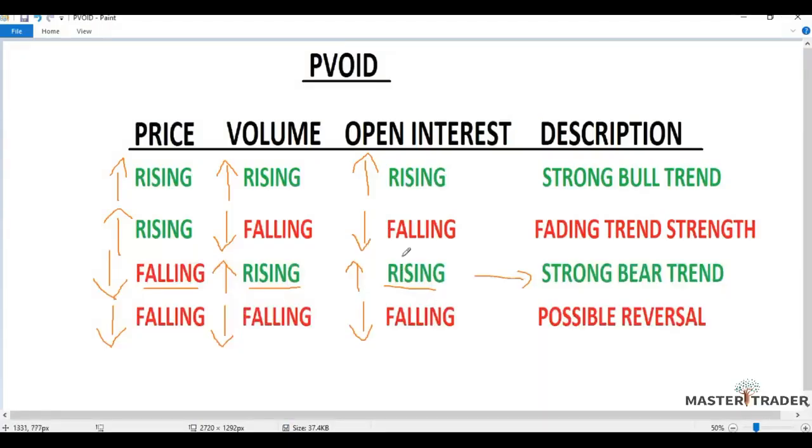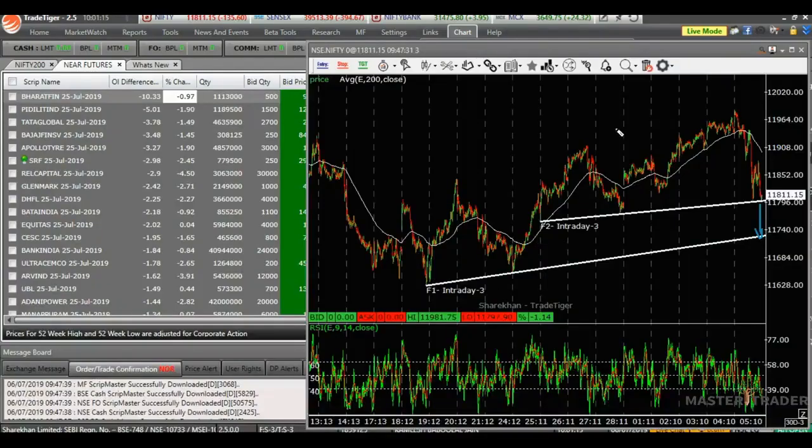We have a fall in open interest here, we have a fall in price, and then we need to look at volumes. If there was a drop in volumes as well, then this may indicate a possible reversal. So then we go and look at the charts to see if the stock is really near a level where it may reverse, or what is really happening in that particular stock.